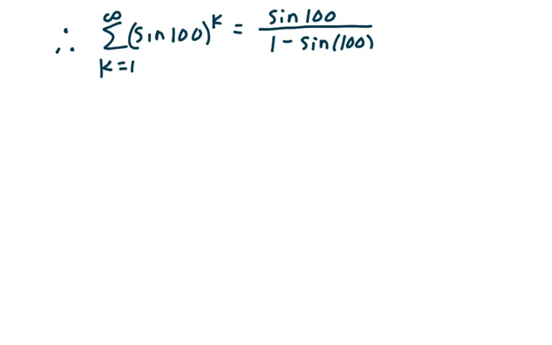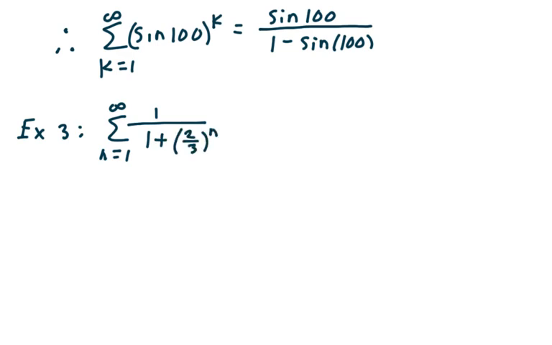So let's go to the next example. We'll call this example 3. And suppose we have the summation from n equals 1 to infinity of 1 divided by 1 plus (2/3)^n.